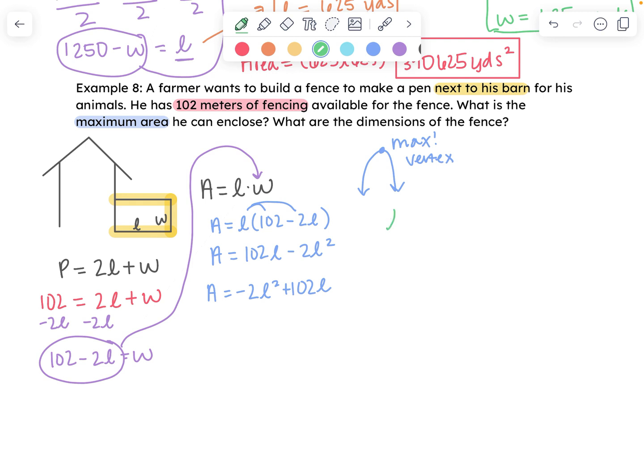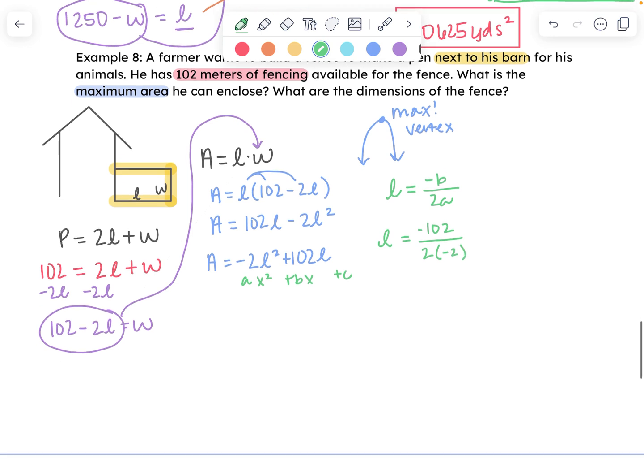So my length L is negative B over 2A. Keeping in mind this is ax squared plus bx plus c, that would be negative 102 over 2 times negative 2, so negative 102 over negative 4.